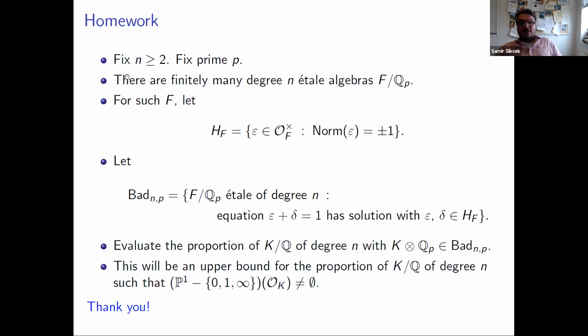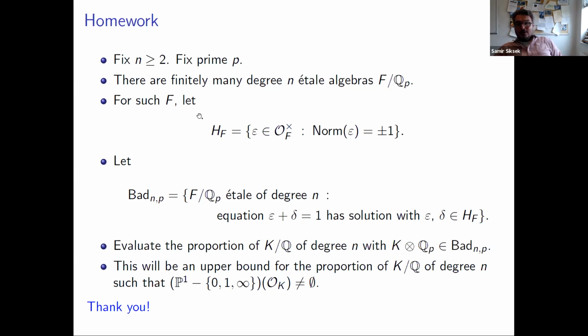So here's something that you might want to think about. Fix a degree n, and a prime p, and of course there are finitely many étale algebras of degree n over Qp. For any one of these étale algebras F, I've just invented notation: I'm going to define this group H_F of the units in the integers of the étale algebra that have norm, when you go down to Qp, plus or minus 1.